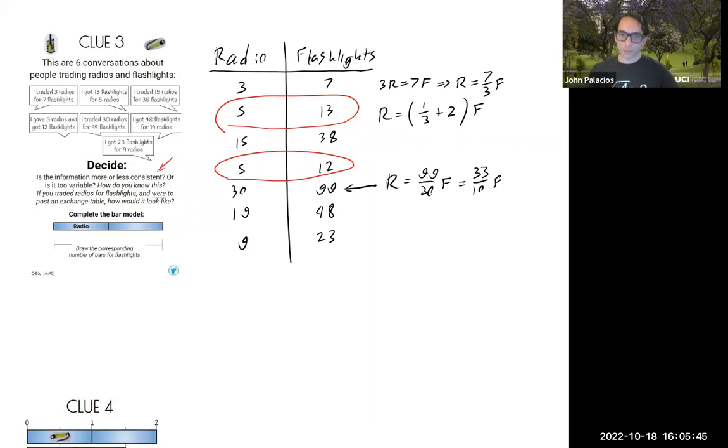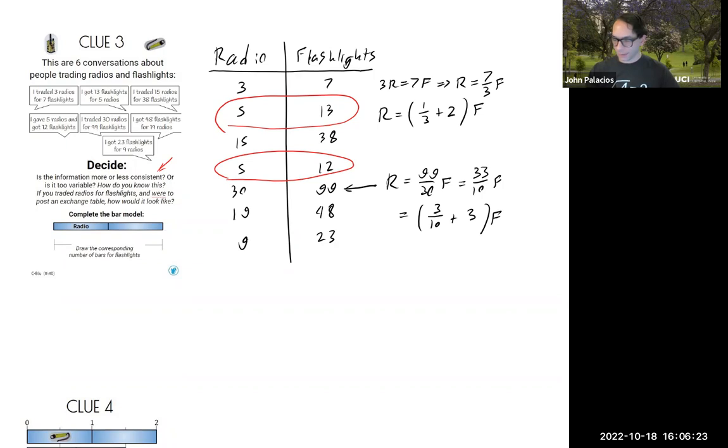So 33 is really 3 plus 30. You can write this as 3/10 plus 30/10, where in the right-hand summand, I know, I'm a poet and I didn't even know it, there is a common factor of 10 because 10 times 3 is 30, and we can divide that out to find that we have 3 plus 3/10 of the price of a flashlight is equal to the price of a radio.